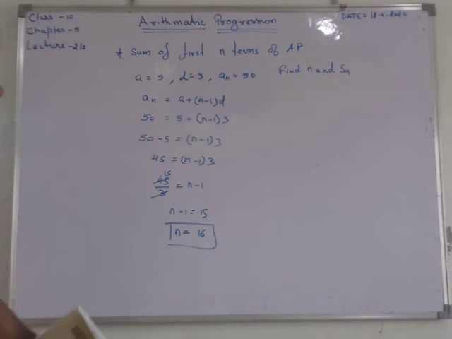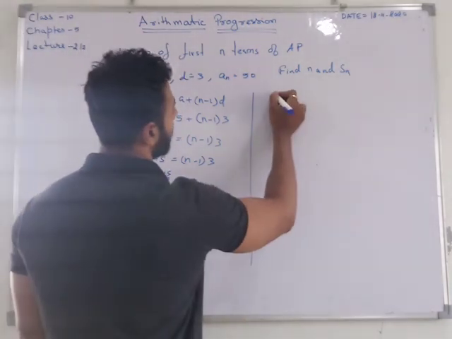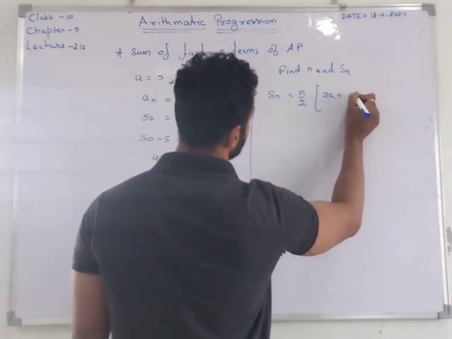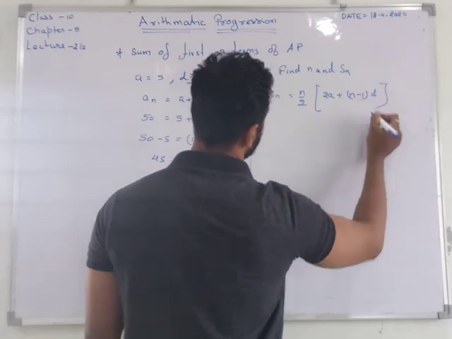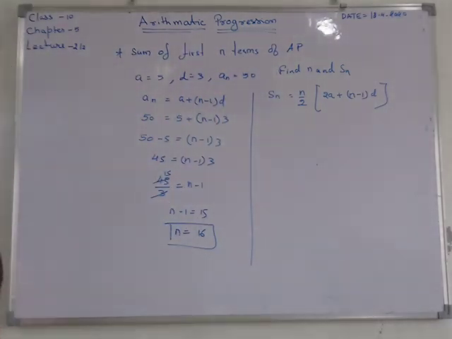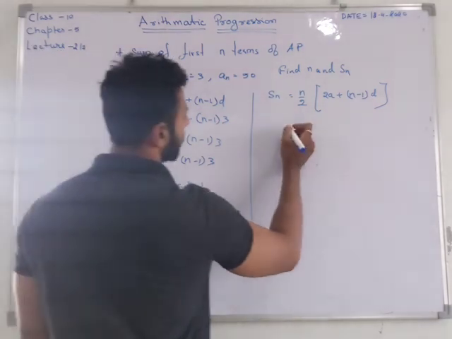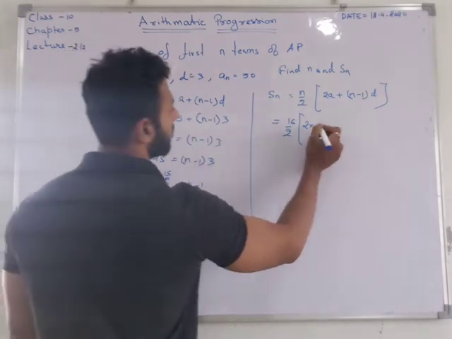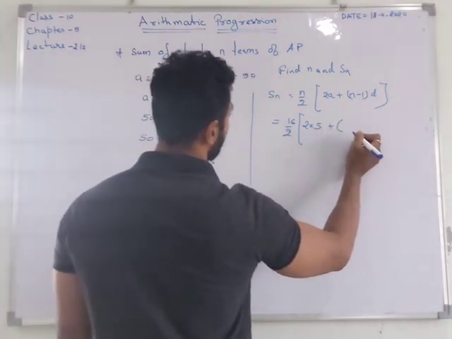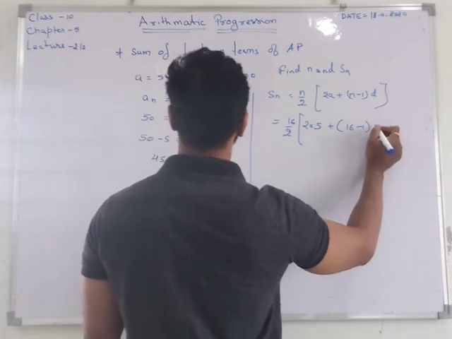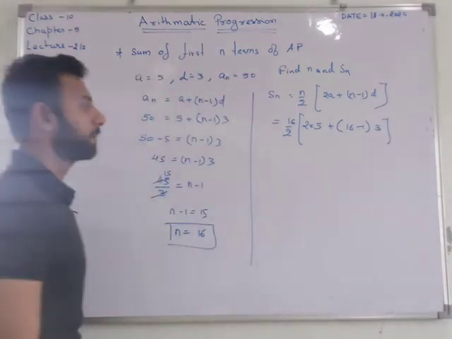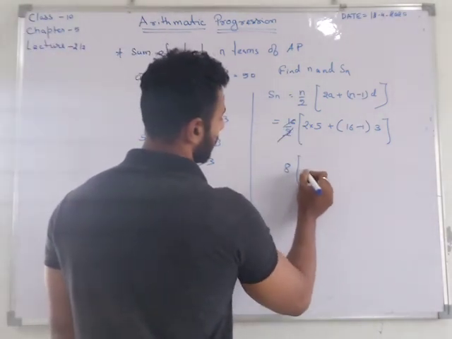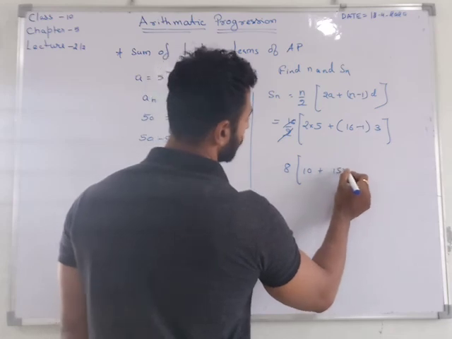Now n is 16, and we have to find the sum. Sn is equal to n by 2 into twice A plus n minus 1 into D. Substituting the values of n, A and D in this formula, we get 16 by 2 into twice A, A is 5, plus n is 16 minus 1 into D. D is 3. Solving this, we get 8 into 10 plus 15 into 3.